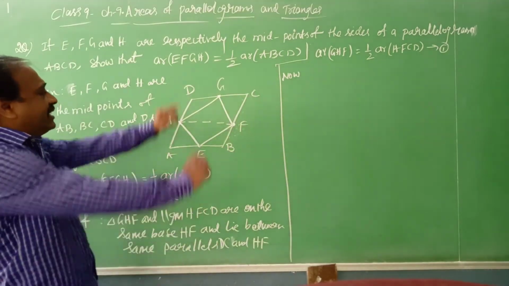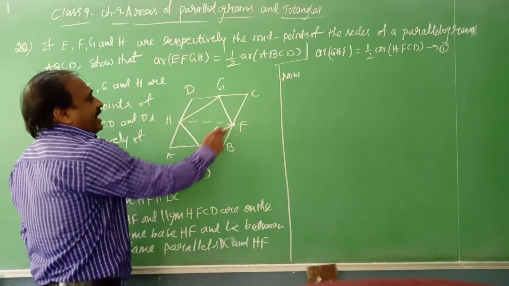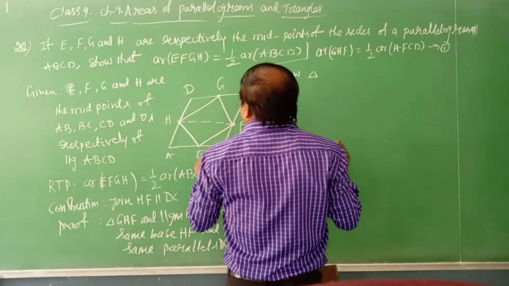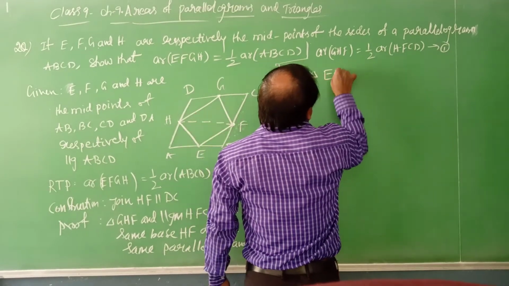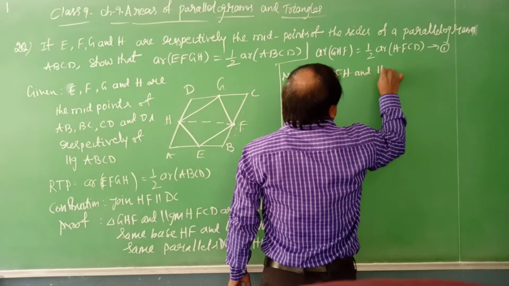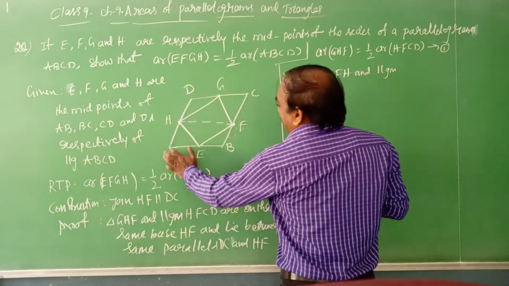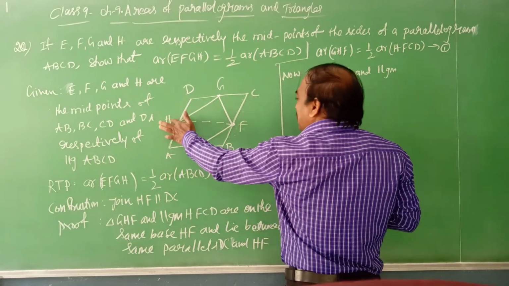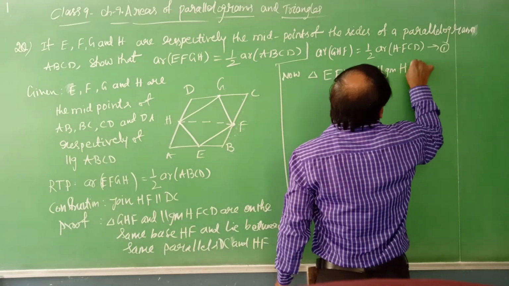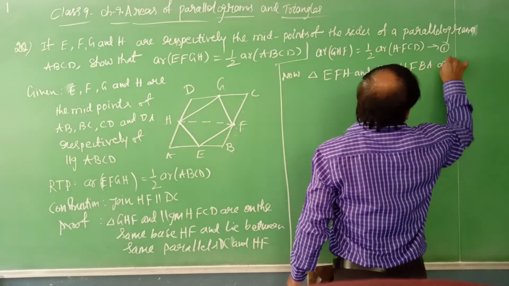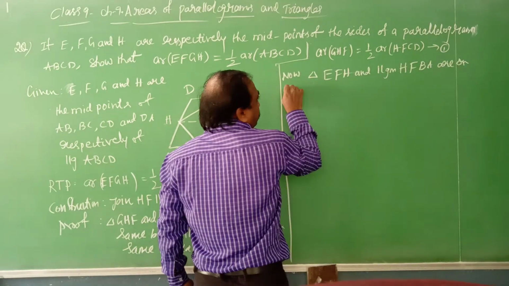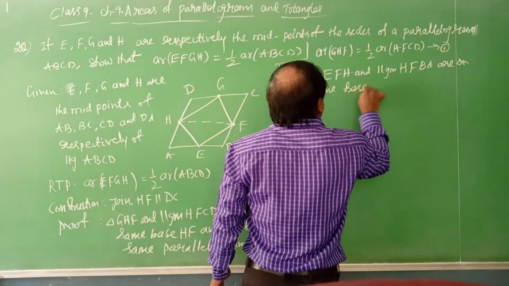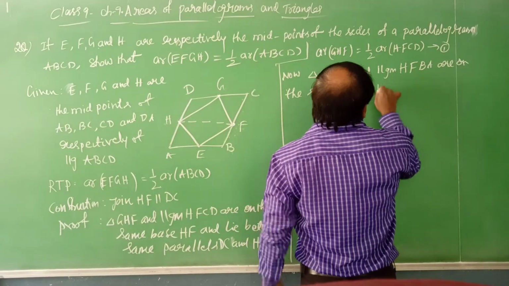Next, consider triangle EFH and parallelogram HFBA. They are on the same base. What is the same base over here? HF.